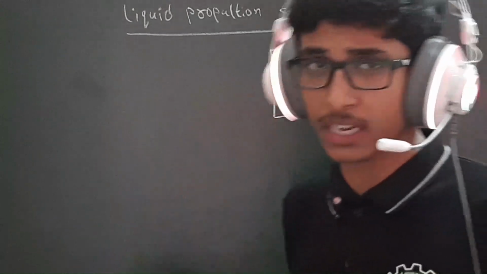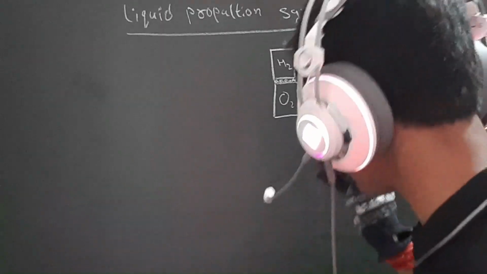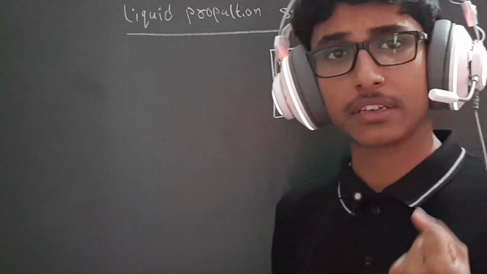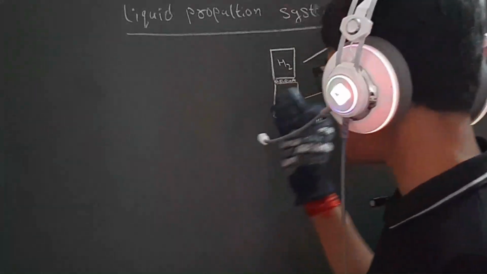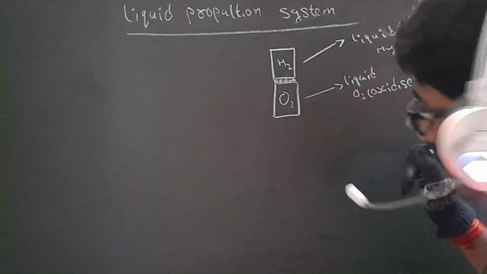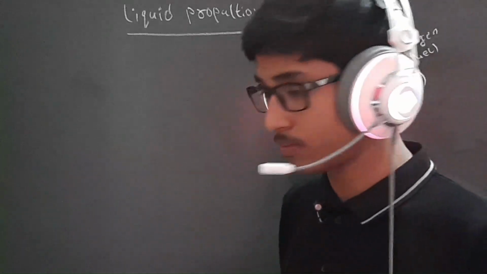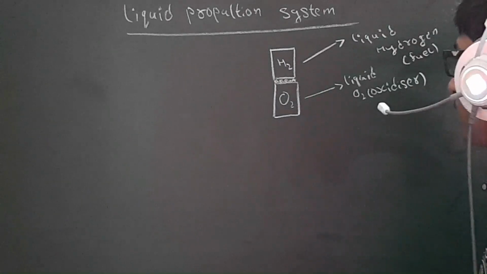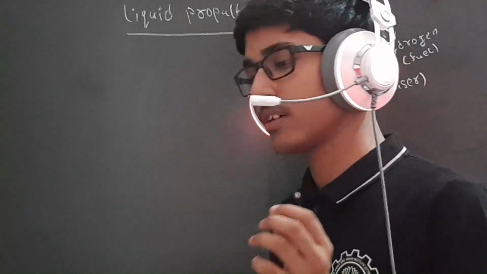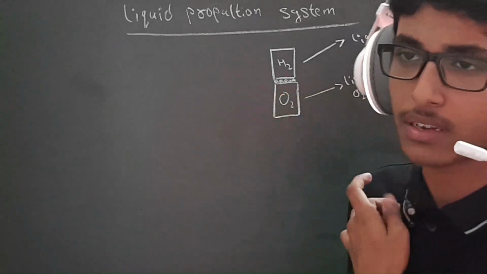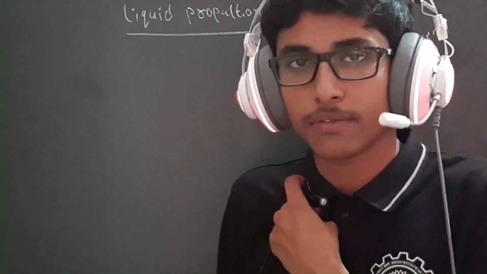So now I hope you understand why this propulsion mechanism is known as a liquid propulsion system: it comprises the liquid states of both elements, H2 and O2, right? Now these two containers are placed separately, so they are eventually mixed in the combustion chamber of the rocket.